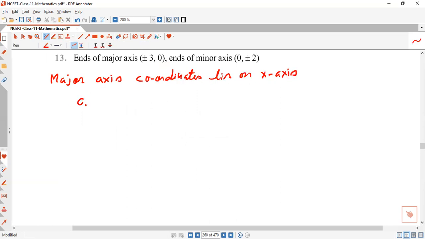We say a equal to what? 3. And minor axis coordinates lie on the y-axis. So we say b equal to 2.